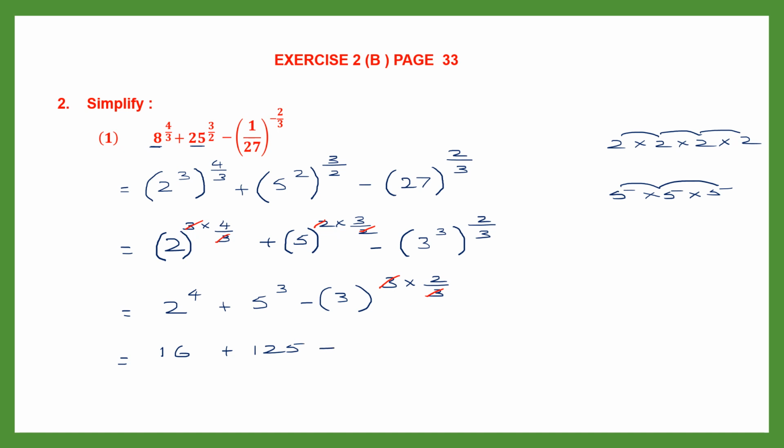So 3 raised to the power of 2 will be 3 into 3, which is 9, minus 9. Now let's work on this. Add up these two. 16 plus 125 will be 141, minus 9, and that will be 132. So our final answer to this question is 132.